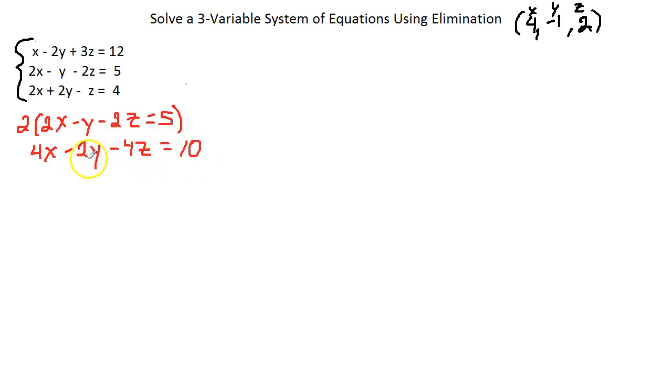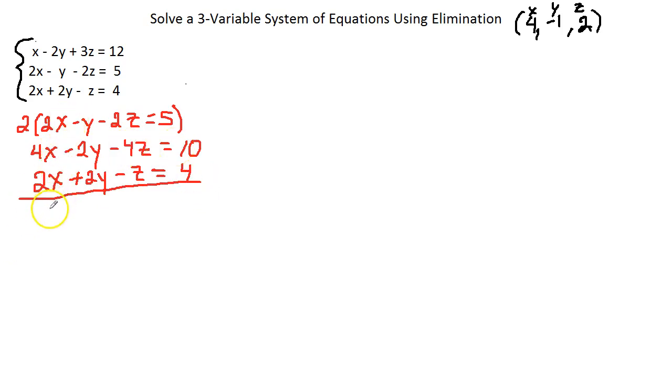Now, since this is a negative, I'm going to add it to the third equation. So I have 2x, writing the third equation, plus 2y minus z equals 4.